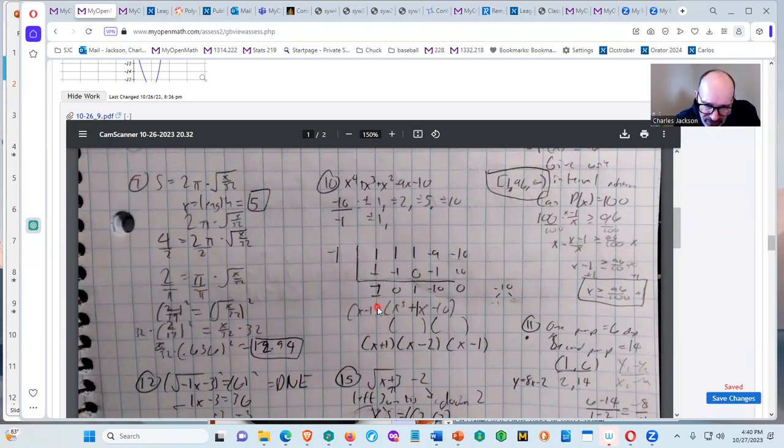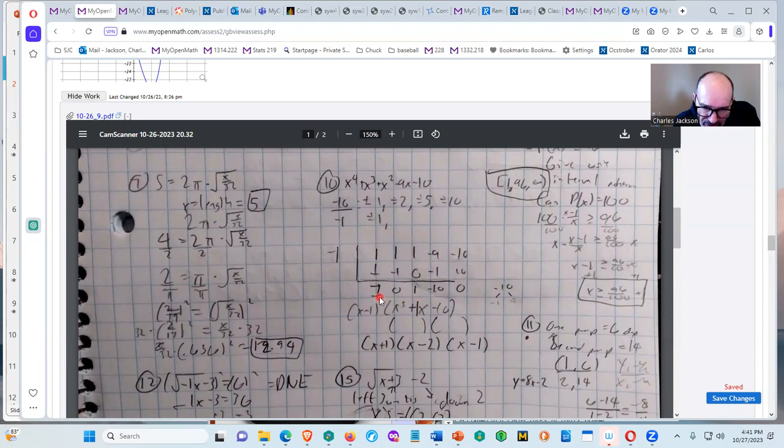Now that you have that factor, you're going to use the depressed polynomial, which is x to the third plus x squared minus 10, let's see, degree 4, degree 3, degree 2, degree 1, degree 0.